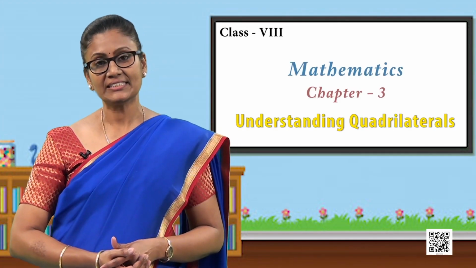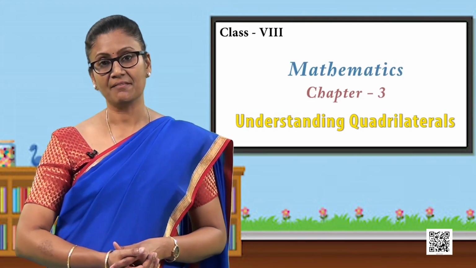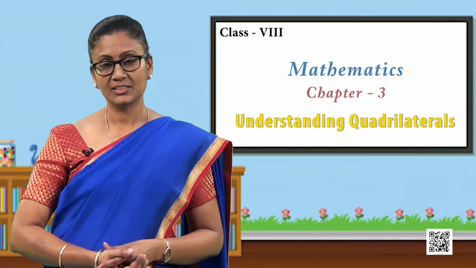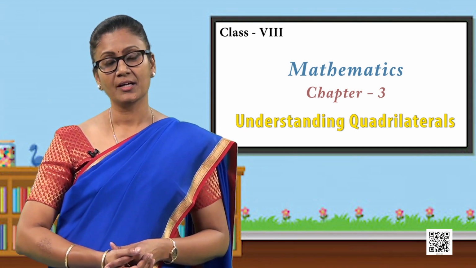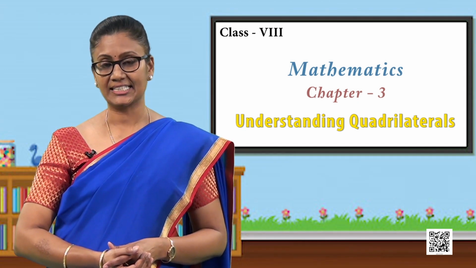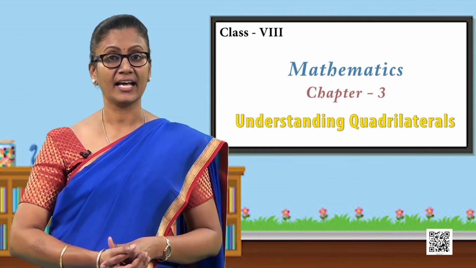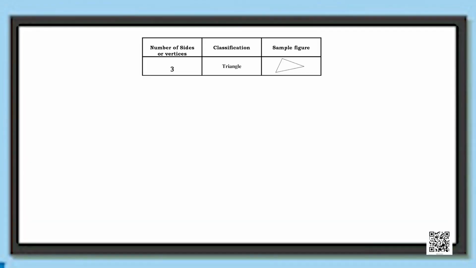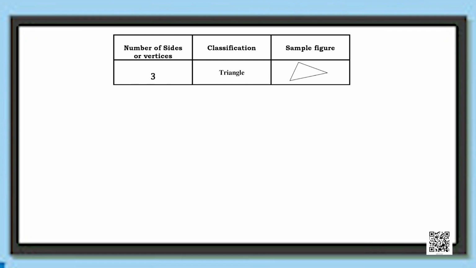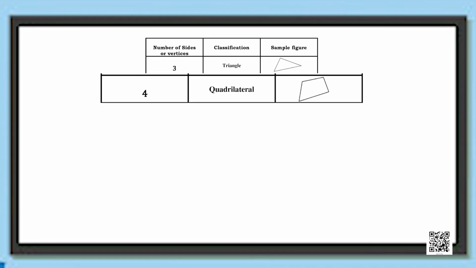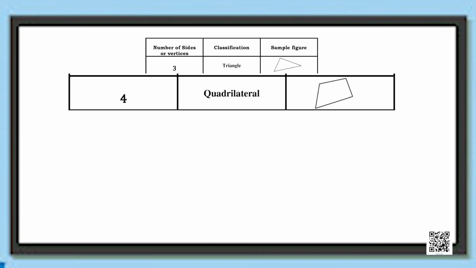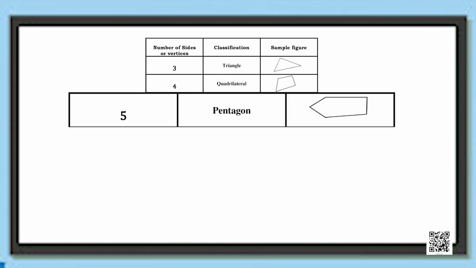Okay, now let's see what are the names given to these polygons with 3, 4, 5, 6, 7, 8, 9 and 10 sides. A 3-sided polygon is called a triangle. A 4-sided polygon is called a quadrilateral. A 5-sided polygon is called a pentagon.